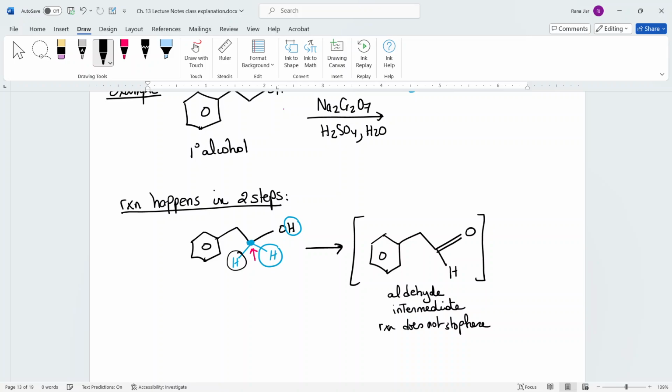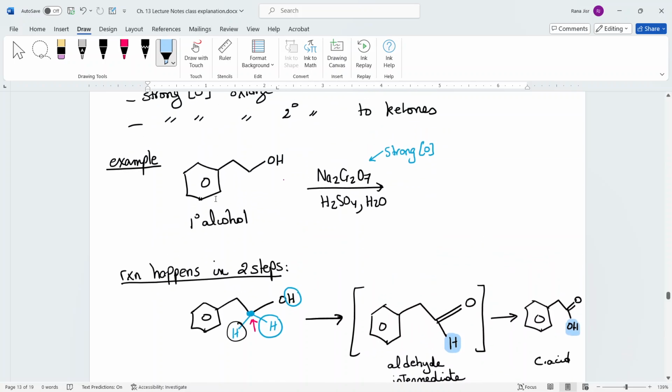So the reaction is going to continue, and this hydrogen is going to get oxidized further, and that hydrogen is going to change into a carboxylic acid. So that hydrogen is going to be an OH, and my product is going to be a carboxylic acid in this case. So the hydrogen will change into an OH.